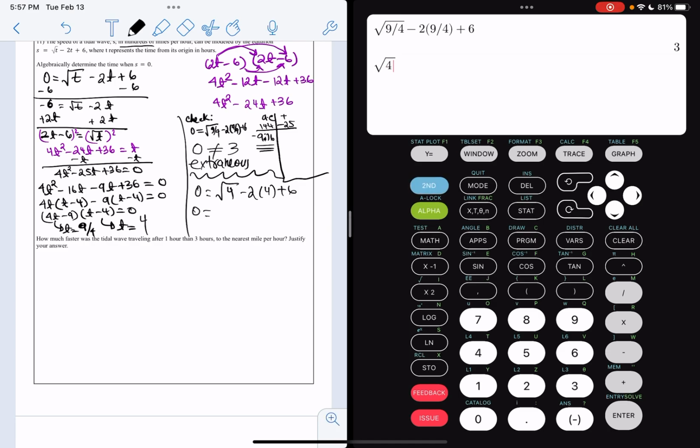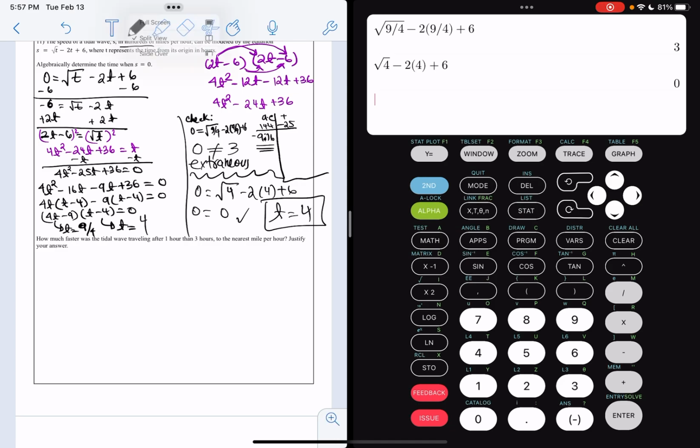Radical 4, then we have minus 2 times 4, we have plus 6, which is equal to 0. Okay, so this works out. That would mean that there's only one solution. t is equal to 4.